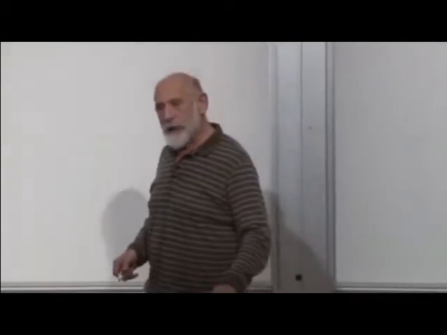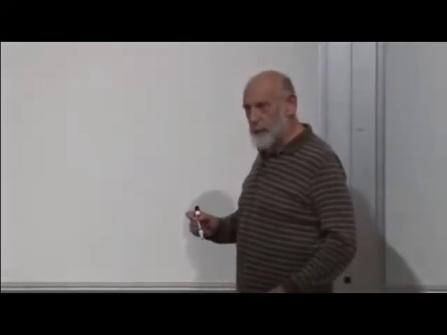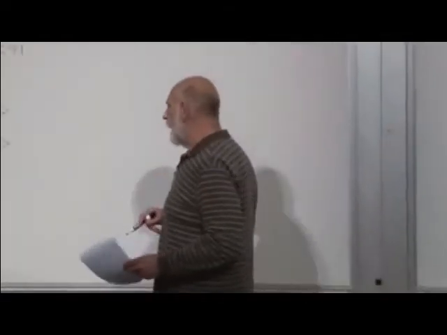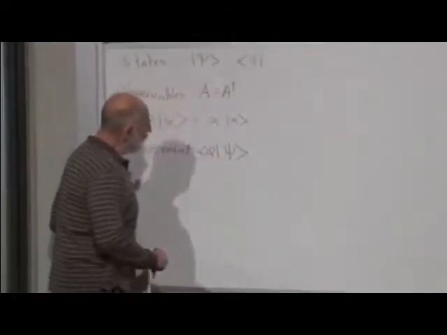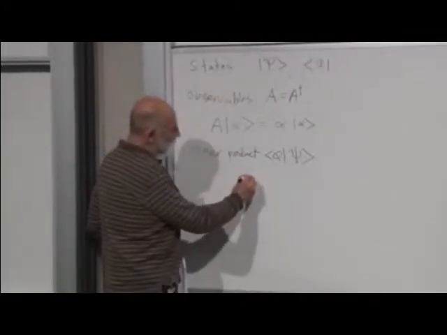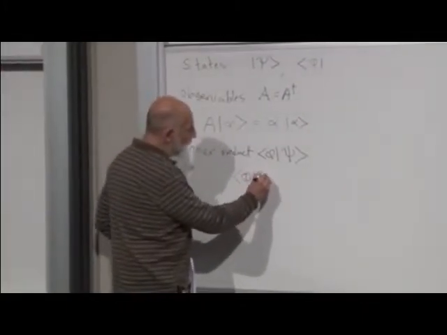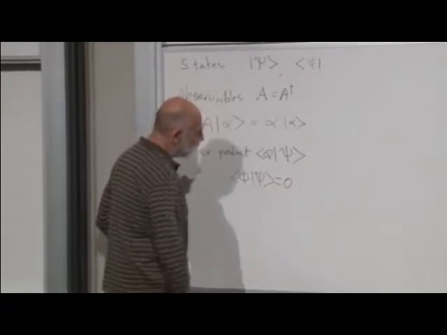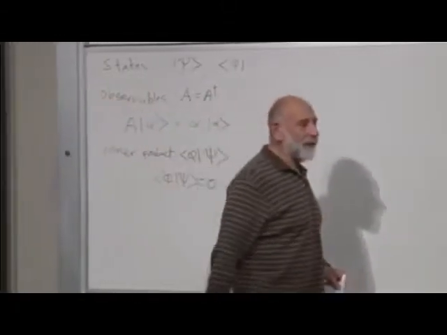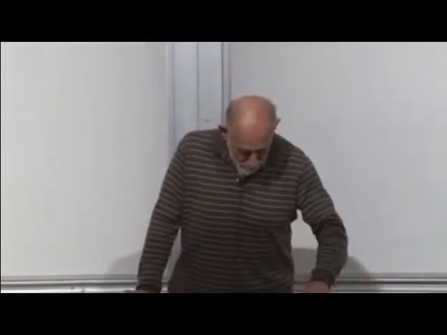There's a measurement you could do to distinguish them. Then those states are said to be orthogonal. Orthogonal means physically identifiably different, and mathematically it's the statement that the two vectors have inner product equal to 0. So orthogonality is a fundamental property of relationships between vectors which says that they are different. You can't confuse them. Well, you can confuse them, but you shouldn't confuse them.